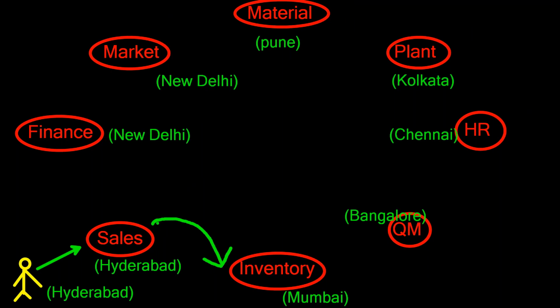So to discuss this, the sales team needs to travel from Hyderabad to Mumbai. Then the inventory department needs to check why the product is not available, so they need to check with the plant department, and the inventory department needs to travel to Kolkata.